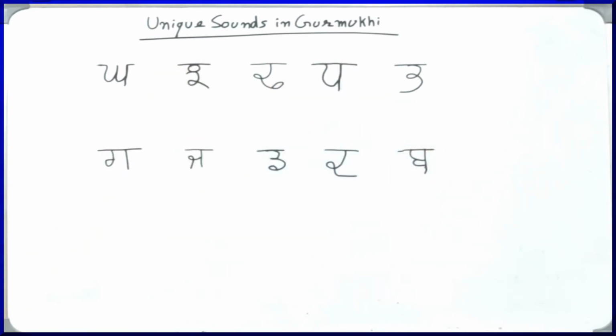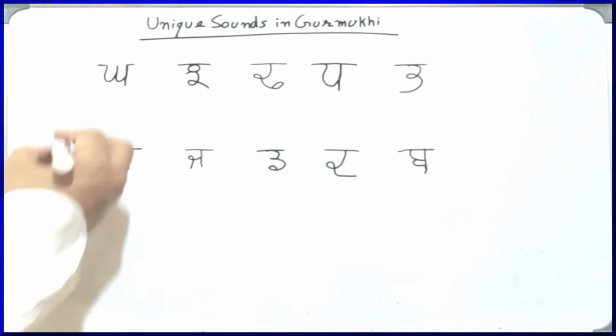Let's have the examples also to make it understand in a better way. From Kagga, we have the example of Kar. In the earlier videos, we have already learned how to make the Punjabi words. So from Kagga, I am going to have Kar. Let me write it here using Gurmukhi letters.